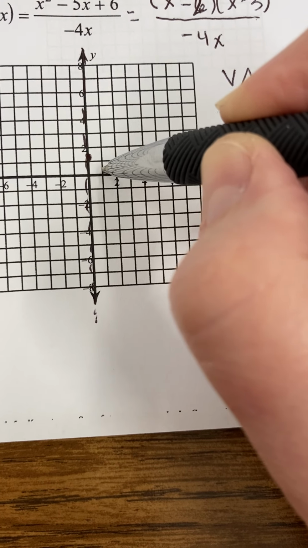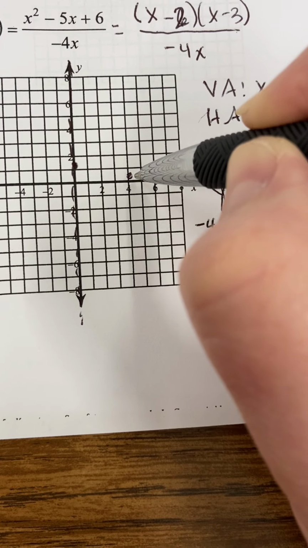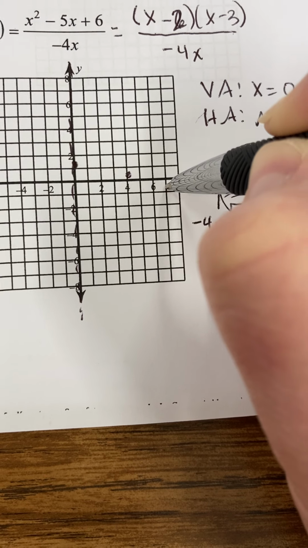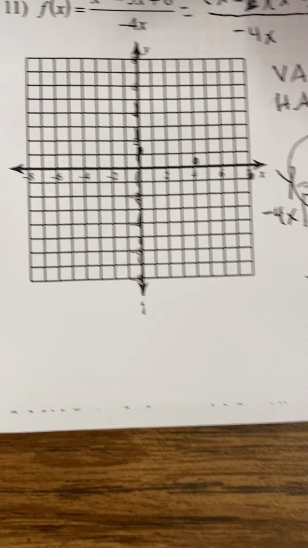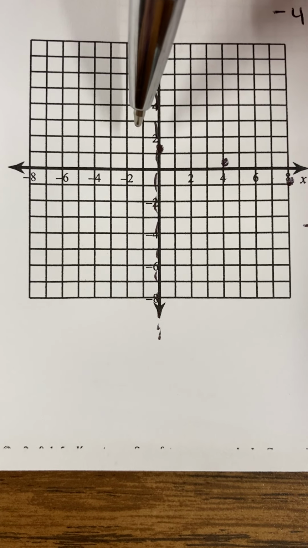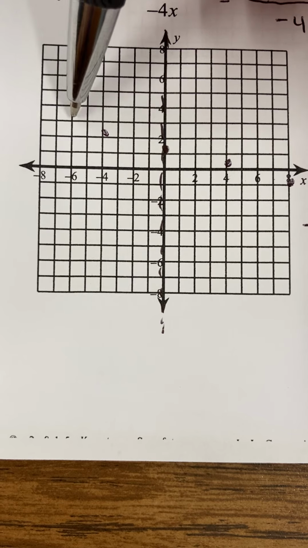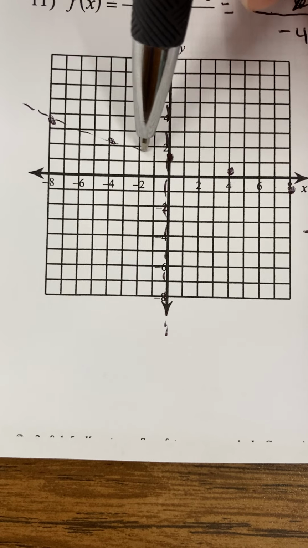Down 1, right 4. Down 1, right 4. Or I can go up 1 and left 4. Up 1, left 4. So I have my slant asymptote right here.